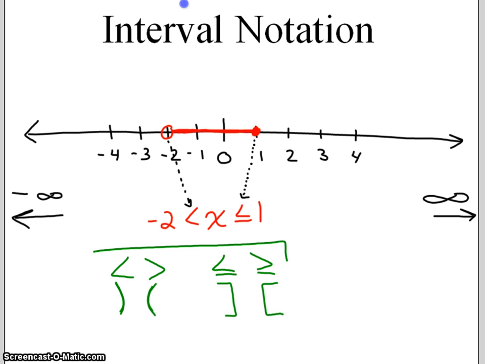So the top symbolism here is inequality, and the bottom symbolism is for interval notation.